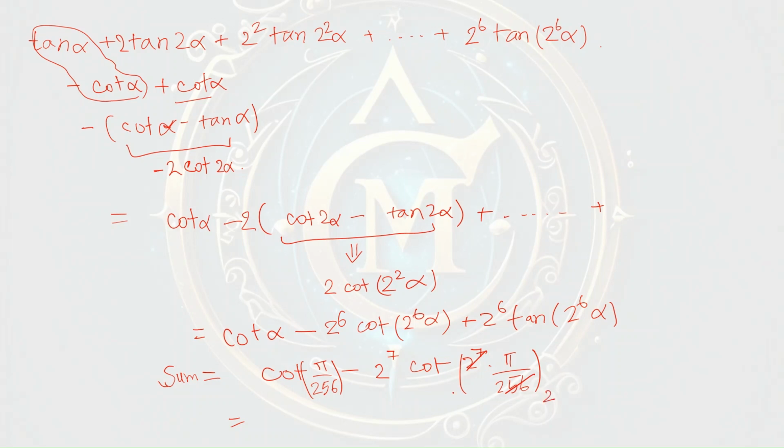So cot pi by 2 is 0. So this whole term will be 0. So the sum of the given series will be cot of pi over 256 only. This is our answer.